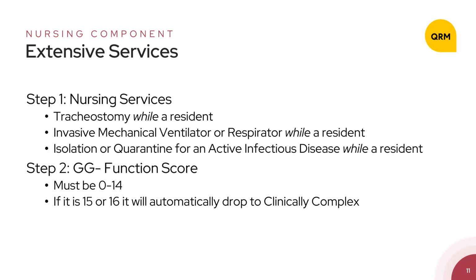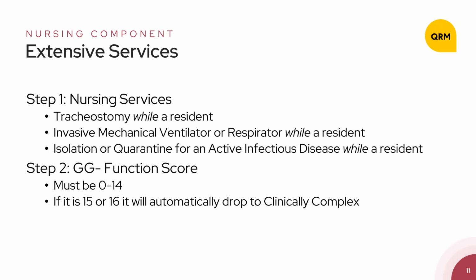I do want to point out for isolation, there are very strict rules in the RAI manual. There's 4 criteria that a resident has to meet in order to code isolation on the MDS. So you want to make sure that you have documentation to support all 4 of those criteria before you code it. Oftentimes in a facility, especially with our IP nurse or infection control nurse, they will say something like, oh, this resident is on isolation.